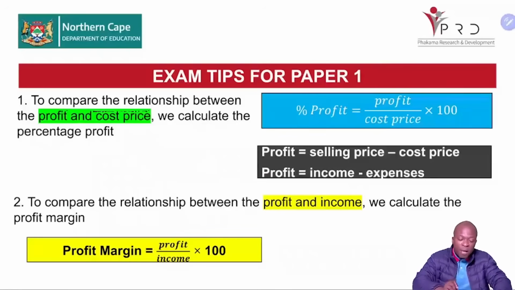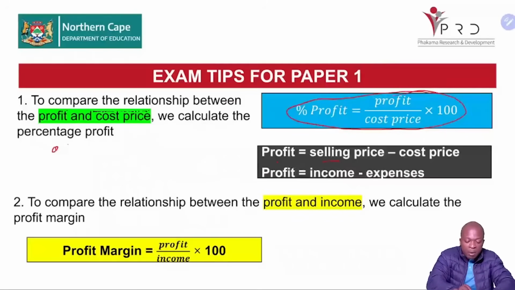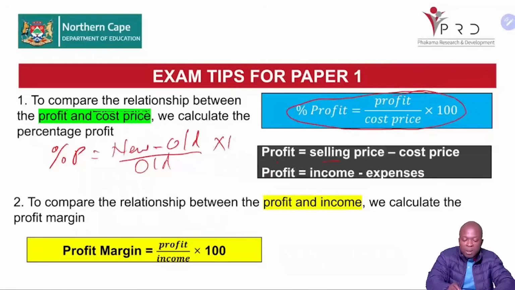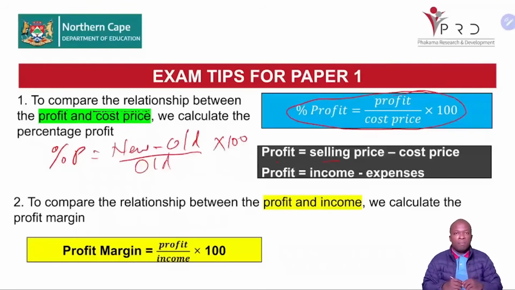So if you want to find percentage profit, then you use the formula profit divided by cost price times 100. How do you get profit? Selling price minus cost price. So in the exam, when you see percentage profit, just say new minus old divided by old, then you multiply everything by 100. That is it.